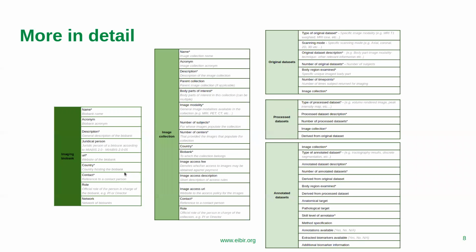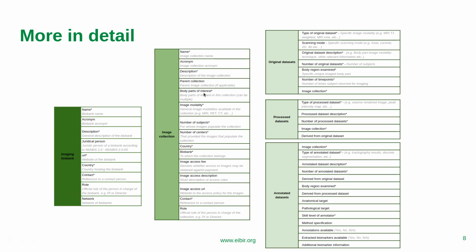I'm not going to go so deep into the detail, but the imaging biobank is for the description and also contact information and network. For the image collection, one biobank can have multiple image collections, and then you have a more general description of the collection.